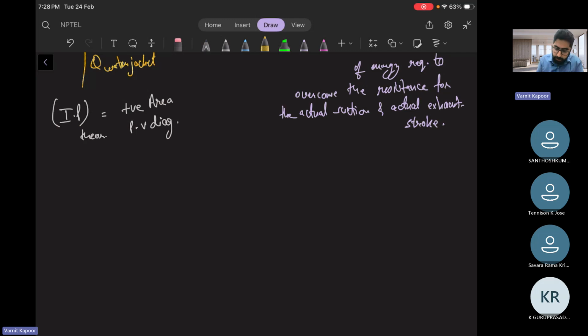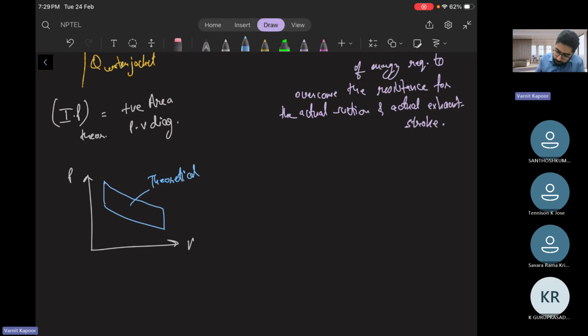first let me make one thing. The PV diagram for a theoretical sense was nothing but this one. Theoretical.